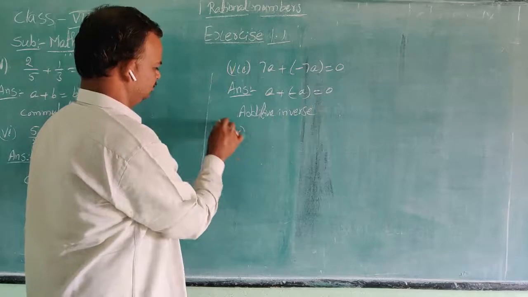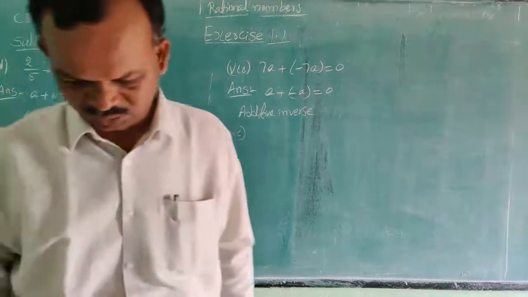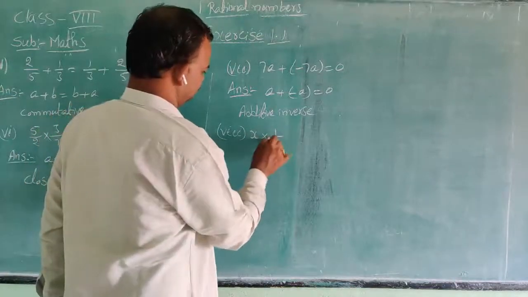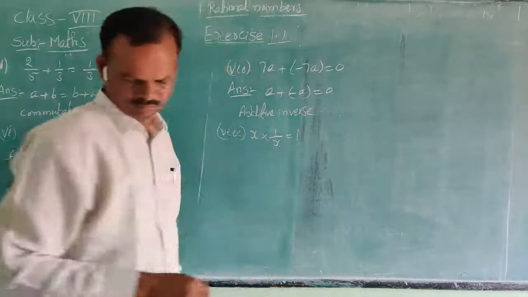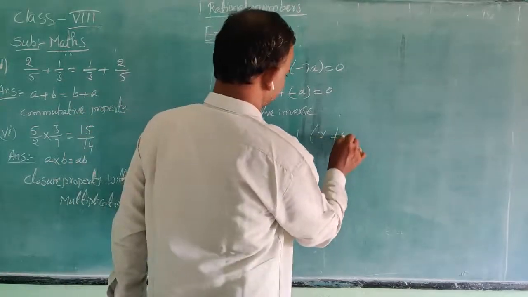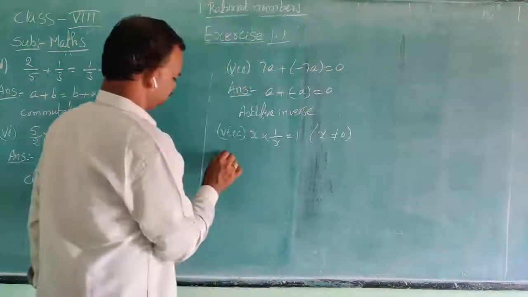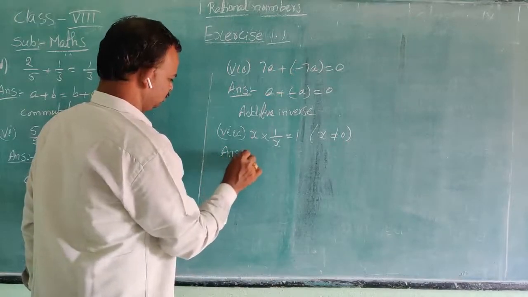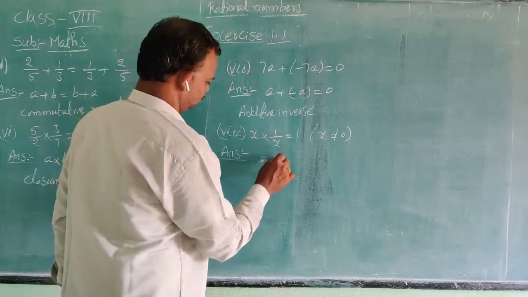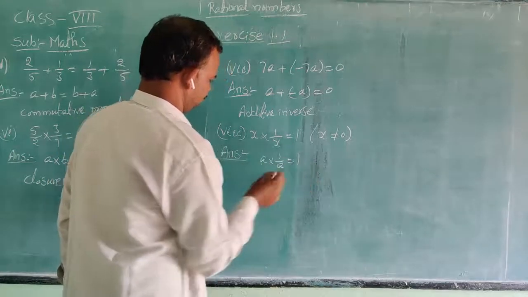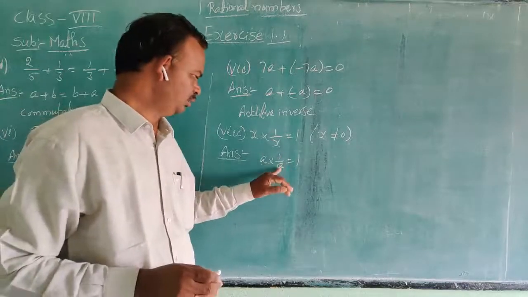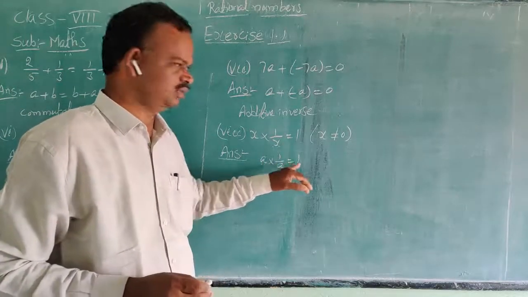Then x into 1 by x is equal to 1, so the a and the 1 by a cancel, one ones are 1.